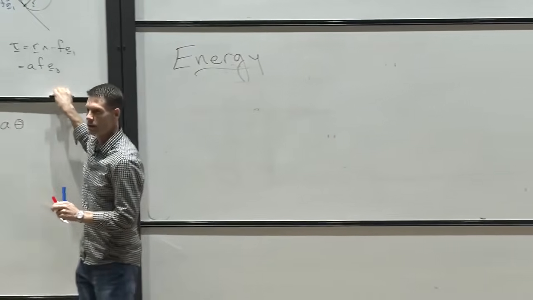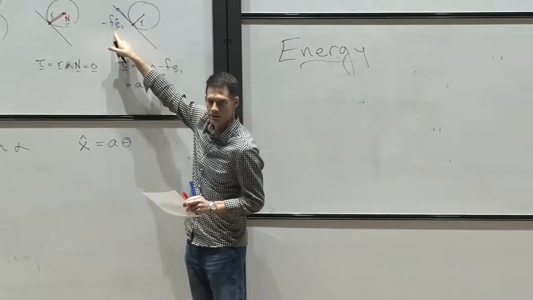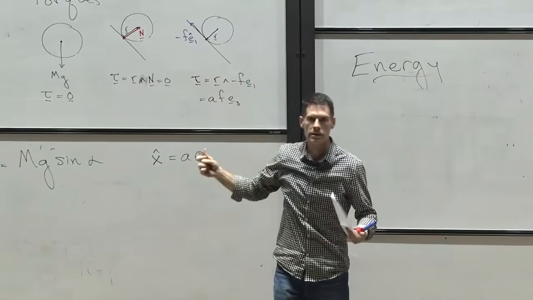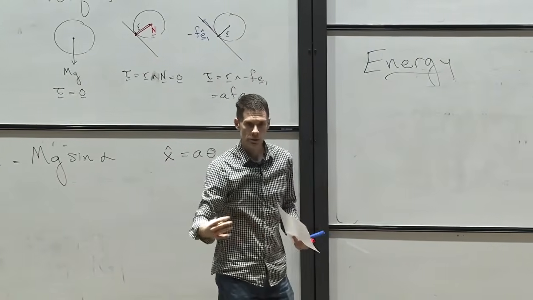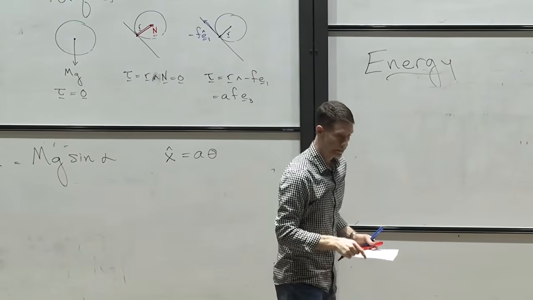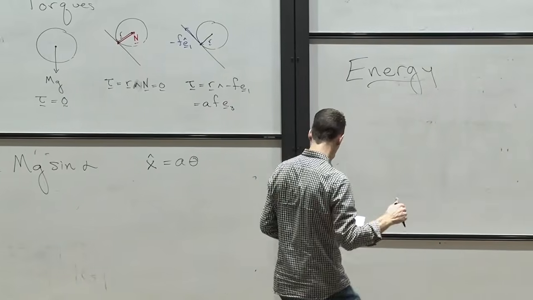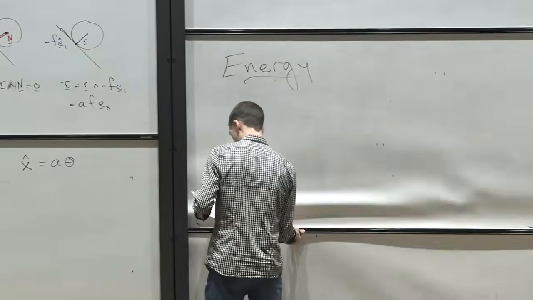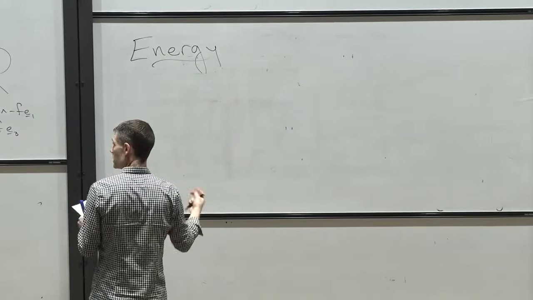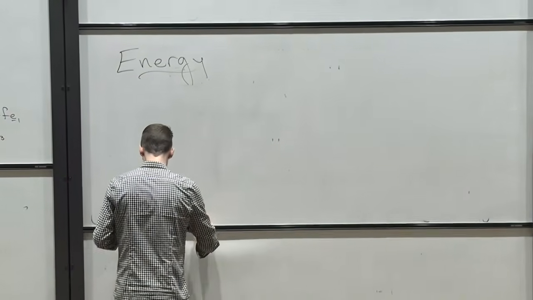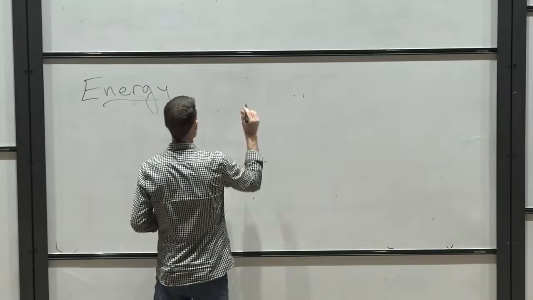And the interesting thing about the energy is because we've added a friction force, you kind of think energy is not conserved, right? Friction is what we normally think of as removing energy from the system. But that turns out not to be true. And let's show that. So we think about kinetic energy and potential energy. The potential energy is gravitational.